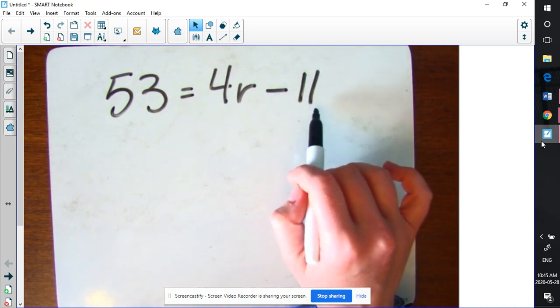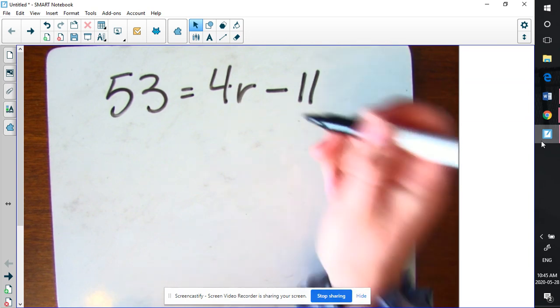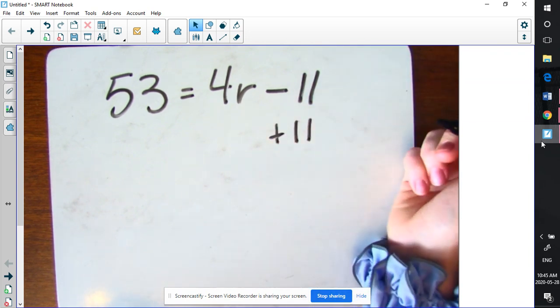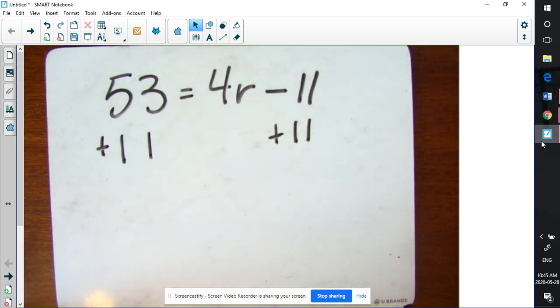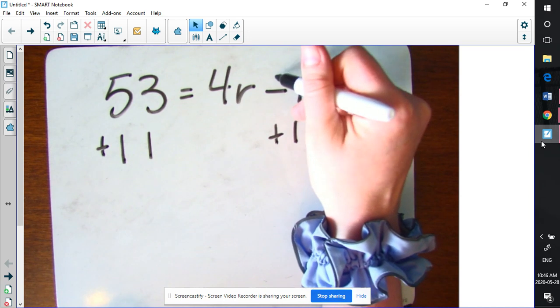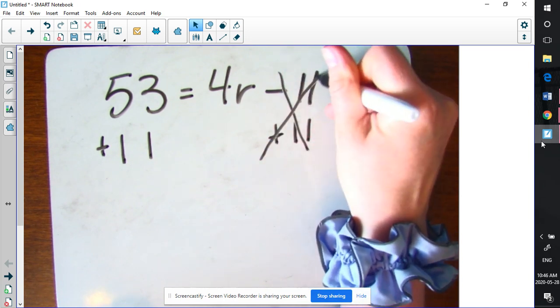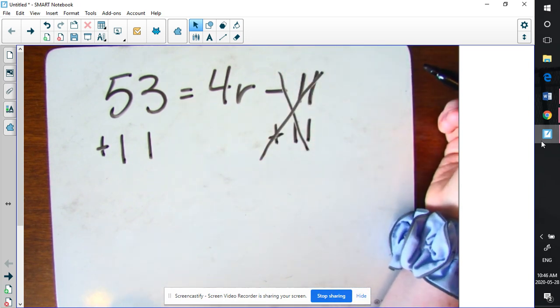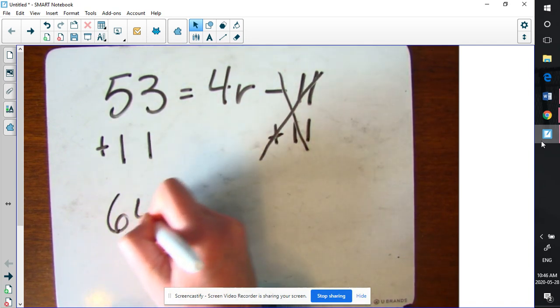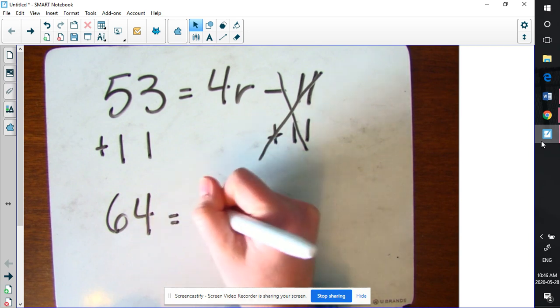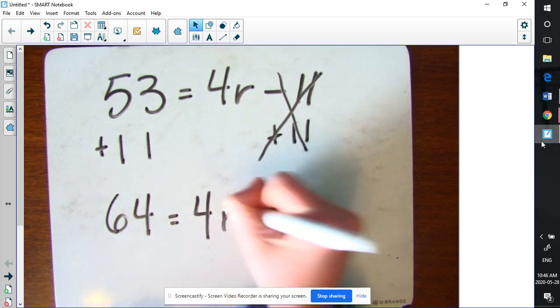So subtracting 11. The opposite of subtracting 11 is adding 11. Whatever I do to one side, I have to do to the other. Now these 11's cancel, and we've got 53 plus 11, which is 64, equals 4r.